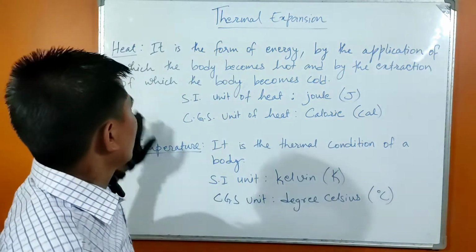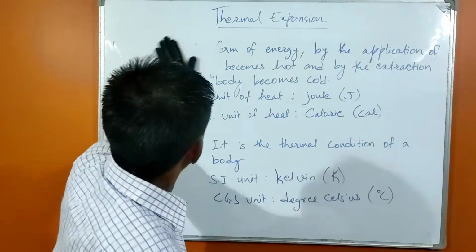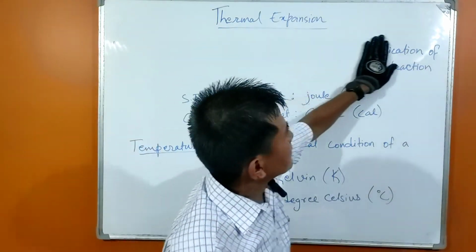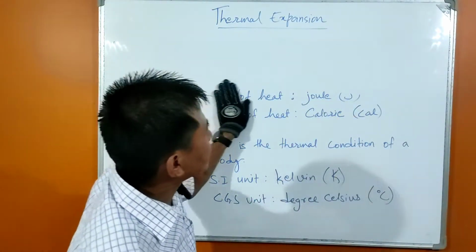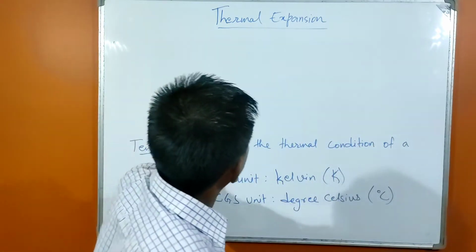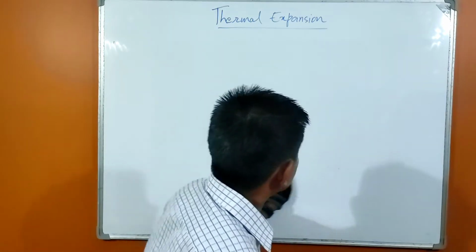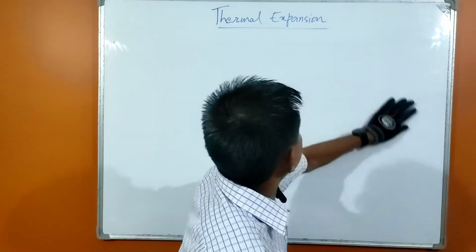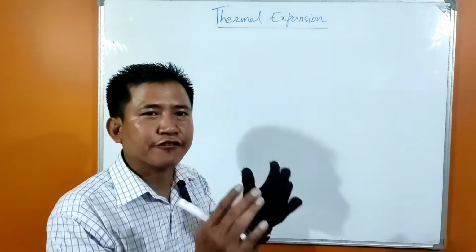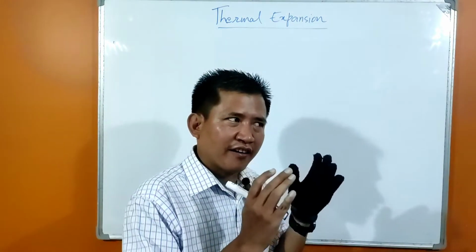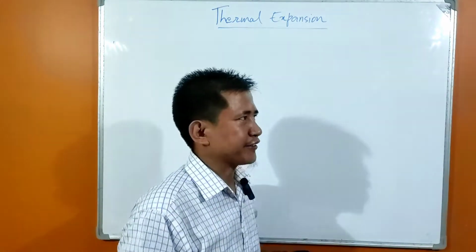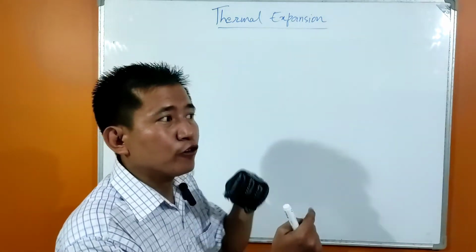Now let us understand the principle of flow of heat. We will definitely discuss this topic in thermal conduction of heat, but now, as an introduction, I am going to give you the idea of the flow of heat: from which body the heat flows to which body.